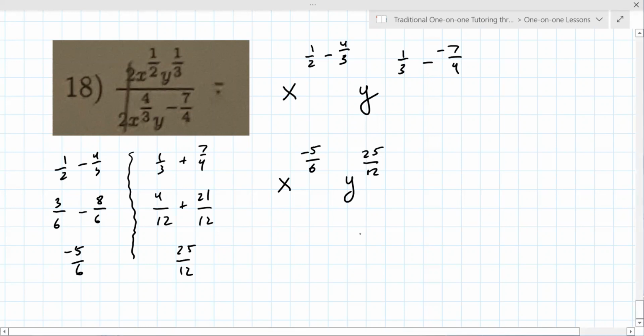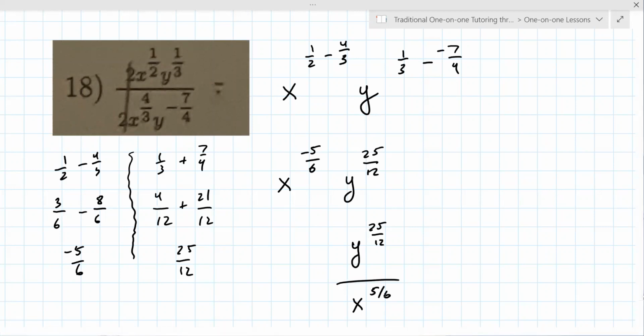So the x to the -5/6 goes to the bottom. There you go. Any questions on this one? No. Okay, because I want to give you one like it to try. So just look it over. It'll be really similar, just different numbers.